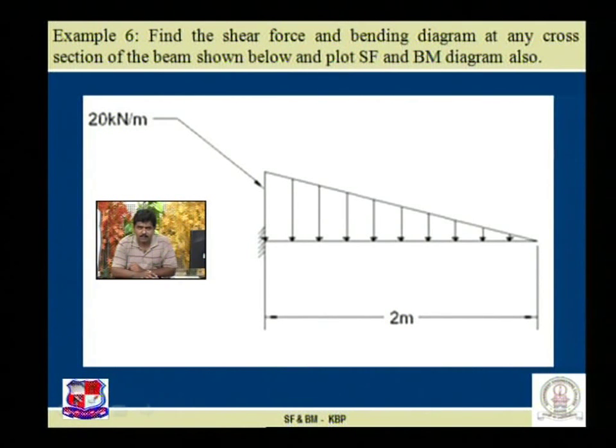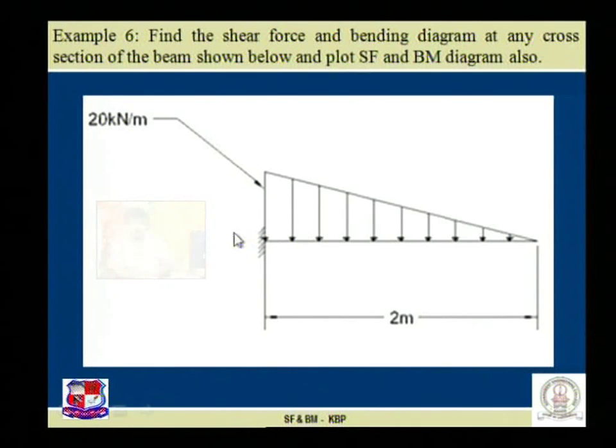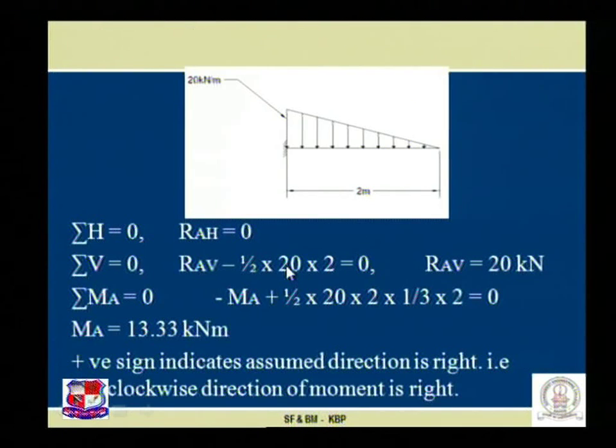As usual, the first step, even though it is not necessary, let us find the support reactions. There are 3 support reactions over here. Sigma H gives RAH, sigma V gives RAV, and third, by using sigma M we find the MA value. First, sigma H is equal to 0 and not a single external force is acting on the system, so RAH is equal to 0.